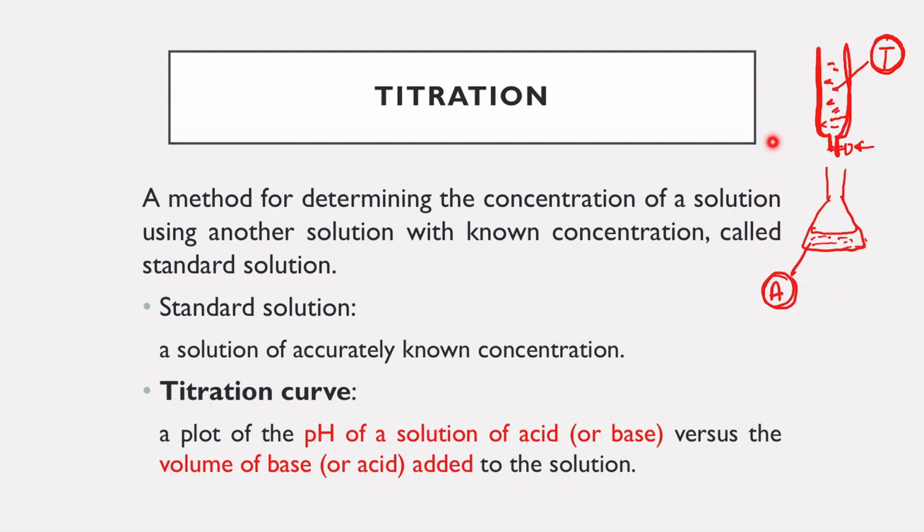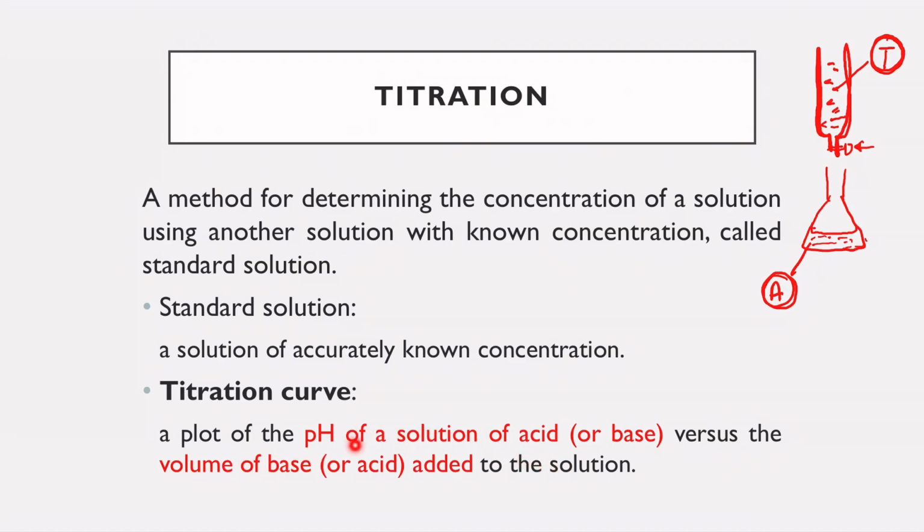From your titration process, you can get data that are important for you to sketch a graph, or your titration curve. A titration curve is a plot of the pH of a solution, let's say the pH of your acid, versus the volume of base added to the solution.